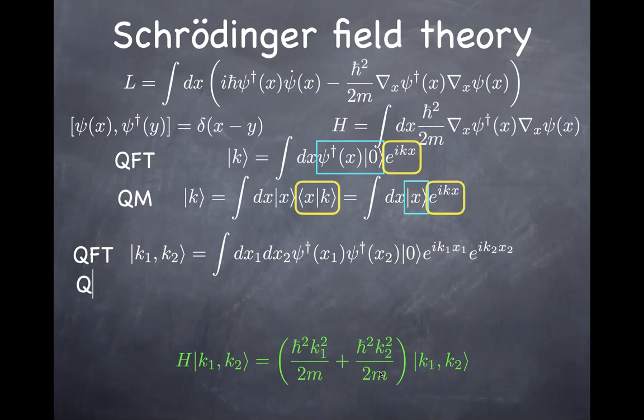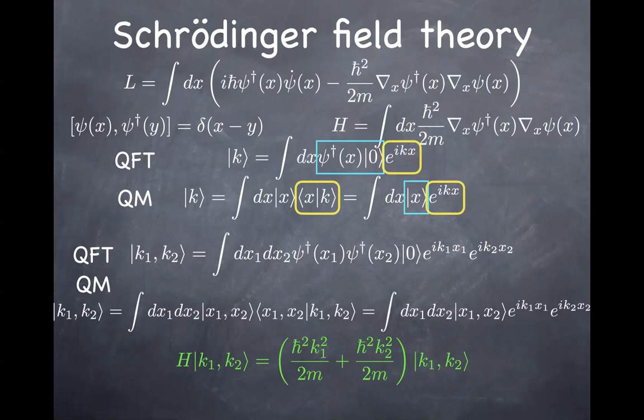And the reminder here is that what you do in quantum mechanics is, again, exactly the same thing. The momentum eigenstate for two particles can be obtained from the position eigenstates of two particles weighted by this wave function, which is e to the ik1 x1 times e to the ik2 x2, right?